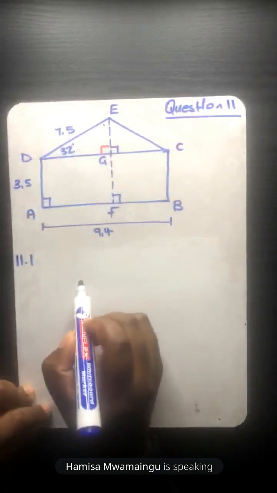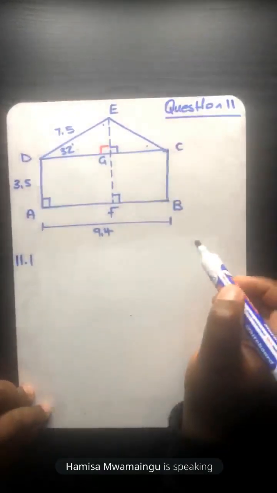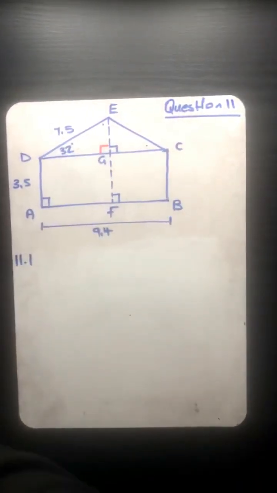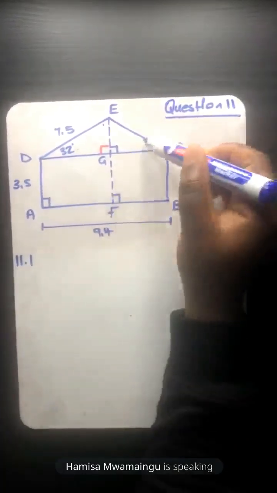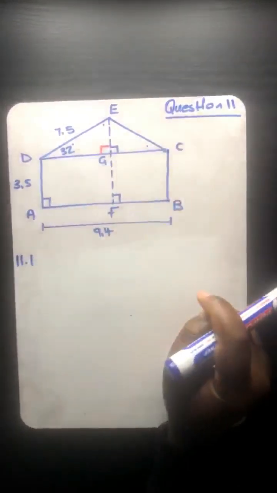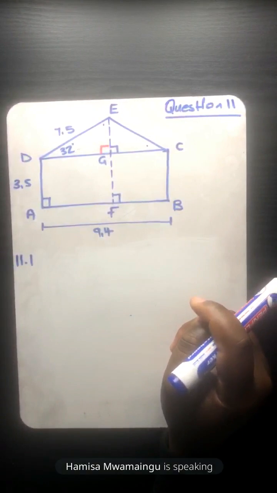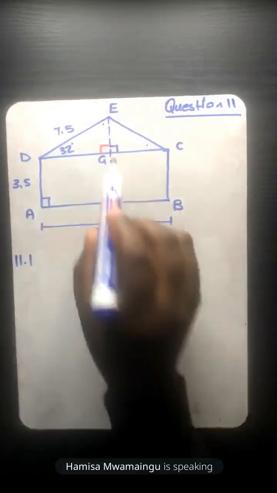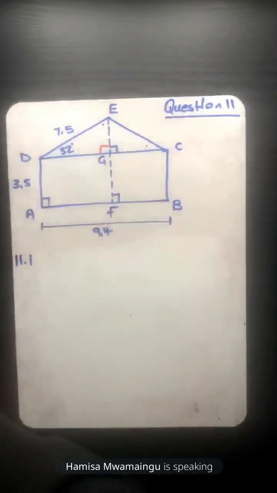I first looked for angle C, which I got as 58. Take us through that angle. How did you calculate it? In my mind, I just saw a straight line and 90 degrees. So I added 90 plus 32 and subtracted from 180 and I got 58 in that straight line.